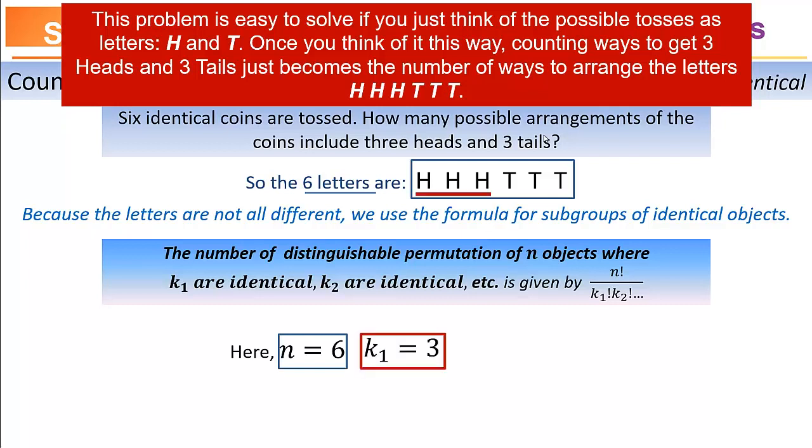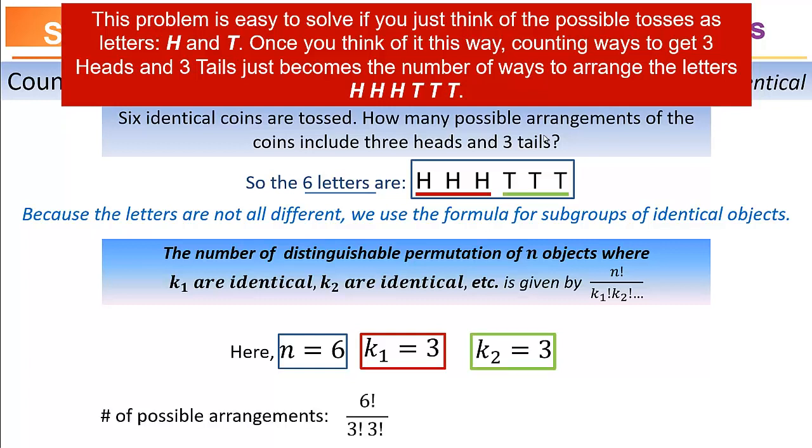And then you look at the duplicates. There are 3 H's, so k sub 1 is 3. There are 3 T's, so k sub 2 is 3. So the result is 6 factorial over the product of 3 factorial and 3 factorial. And if you do the calculation, you'll see that it comes out to be 20.